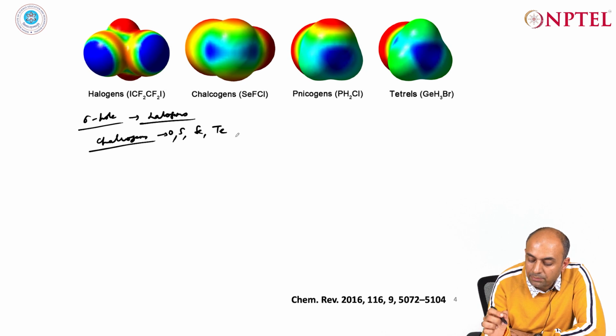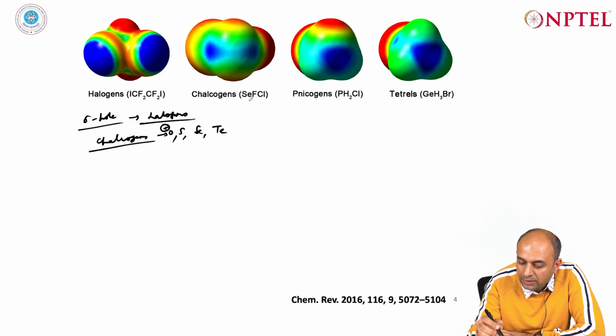Oxygen, sulfur, selenium, tellurium is the chalcogen family. Oxygen is quite electronegative, and observing a sigma hole is rare unless you actually have an oxophilic species like O+. In contrast, sulfur, selenium and tellurium, which are relatively less electronegative, can have sigma holes.